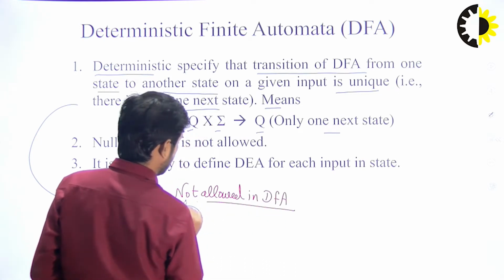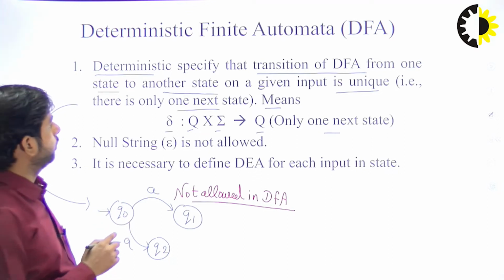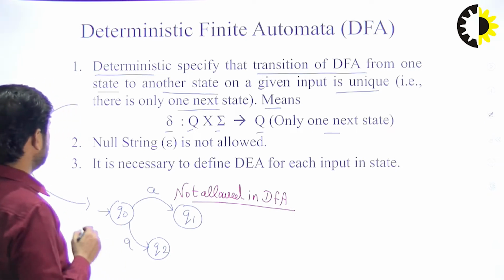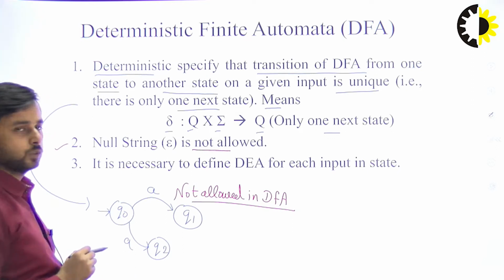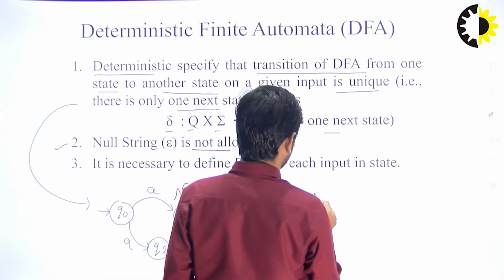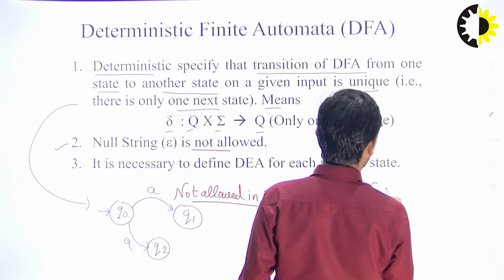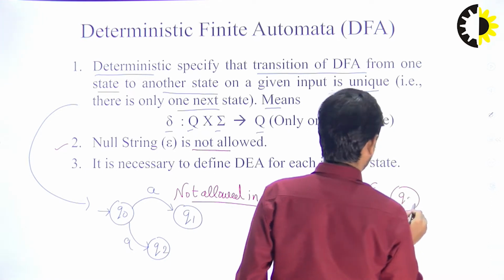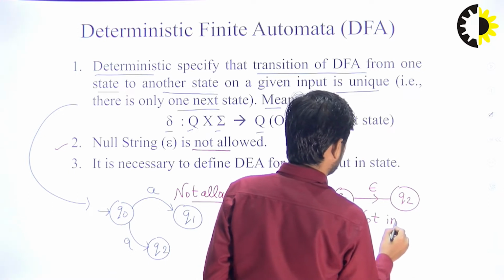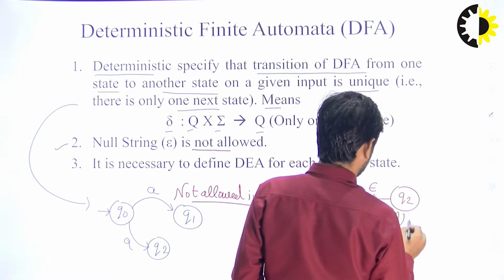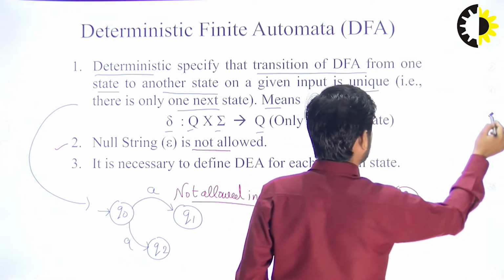What it means is that for one particular input, the transition is unique. Second, the null string, that is sigma equal to epsilon, is not allowed. Suppose there is state Q node and on epsilon there is state Q2. This is not allowed in DFA. In NFA it is allowed, but not allowed in DFA.